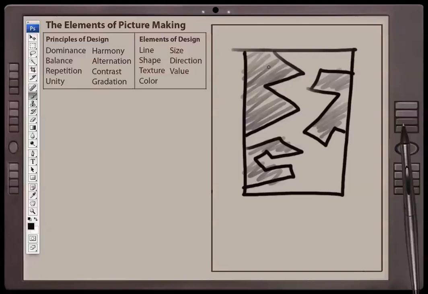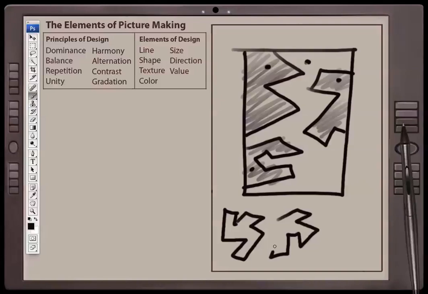So by repeating these angular shapes like this, with no other kind of shapes visible, dominance of shape is achieved. It's achieved by repetition. So I'll just do another angular shape here, like this, and another one here, like that.